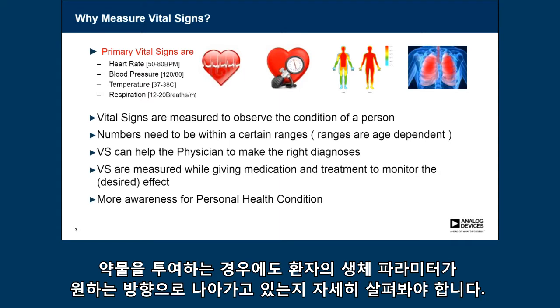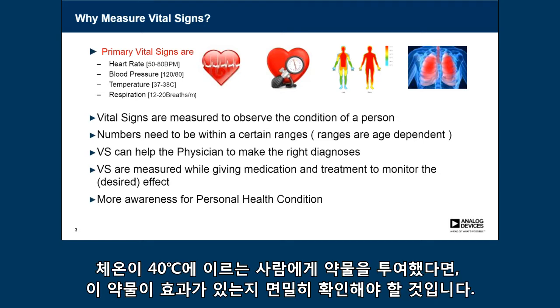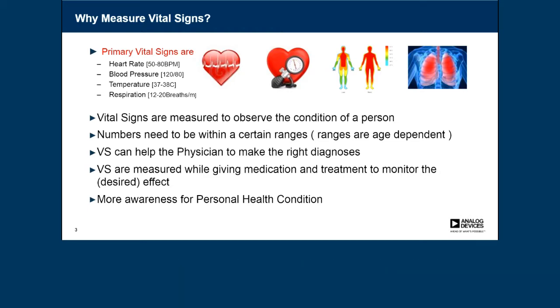Vital parameters also are being measured and observed while giving treatment to patients. So when you give a medication, you want to see very closely if the vital parameters of the patient are moving towards the direction that you expect them. So assume that someone has a temperature of 40 C and you give the medication. You closely want to look also if the medication is supporting the customer.